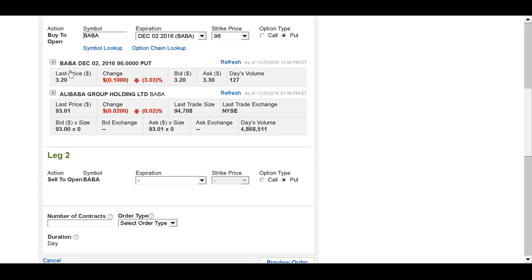So you can see why these have a $3 intrinsic value, because they're worth $3 right now. And they added on 20 cents worth of extrinsic or time value, and that 20 cents means you're paying 20 cents per share for the hope or the possibility or potential that Alibaba stock might go down before the December 2nd expiration, and therefore raise the price of your put option.